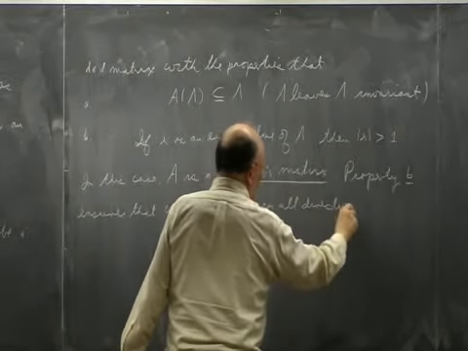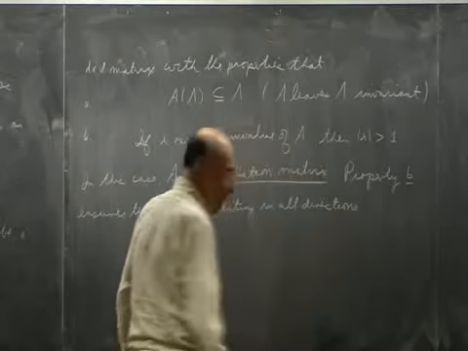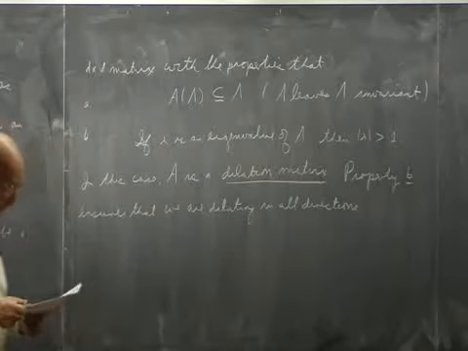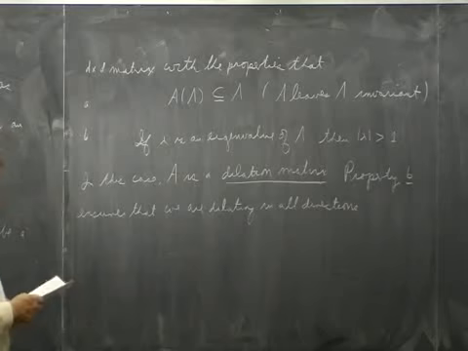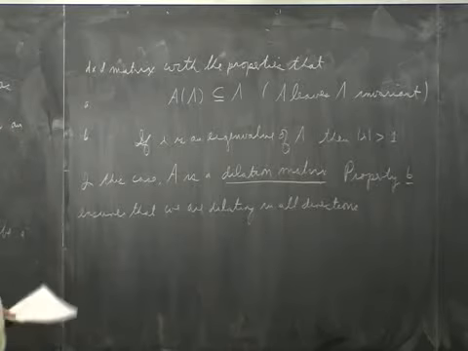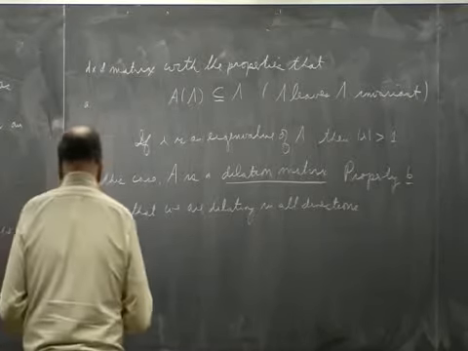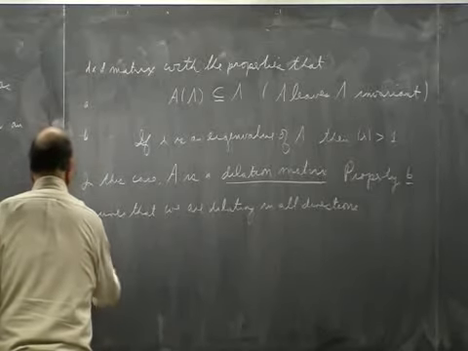And I'm going to actually do a calculation to show how it really arises. And another thing we're going to show is the following. So that's the end of the definition.